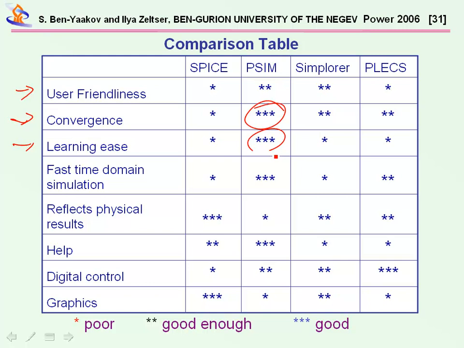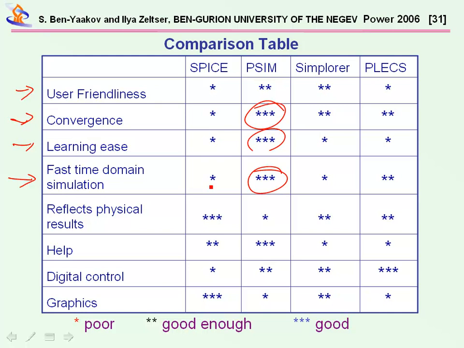As far as the time to run a simulation in the time domain, again, PSIM has the highest mark. The reason for that is that, again, it does not involve handling the transition.